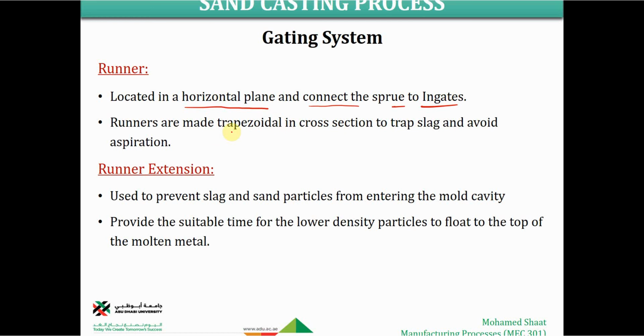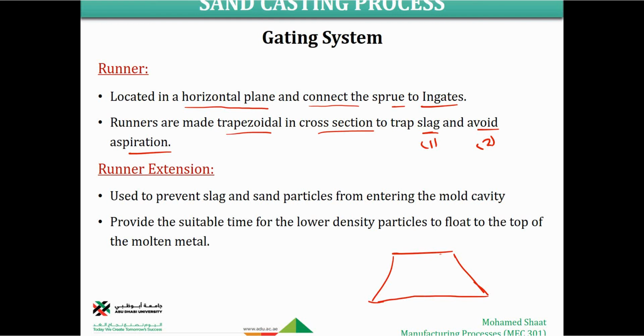The runners are made with a trapezoidal cross section in many cases to trap slag and avoid aspiration. So for two main reasons: first, to trap slag, and second, to avoid aspiration. Because, for example, if we consider a trapezoidal runner like this one, as we discussed, while we are already putting some obstacles for the slag and the dirt to fill into the mold cavity or to go through the down sprue, probably for some reason and definitely there will be some slag that will come through the down sprue anyway, right?